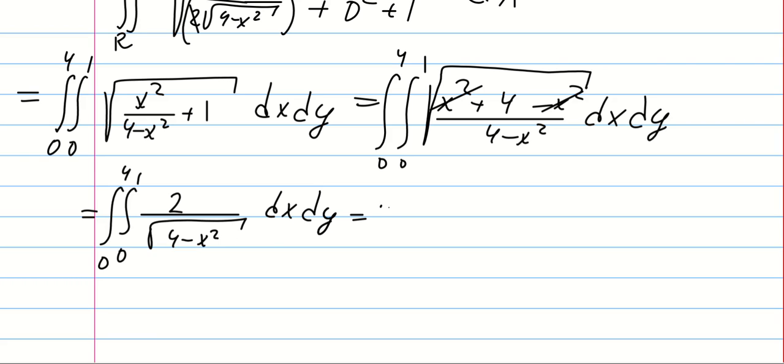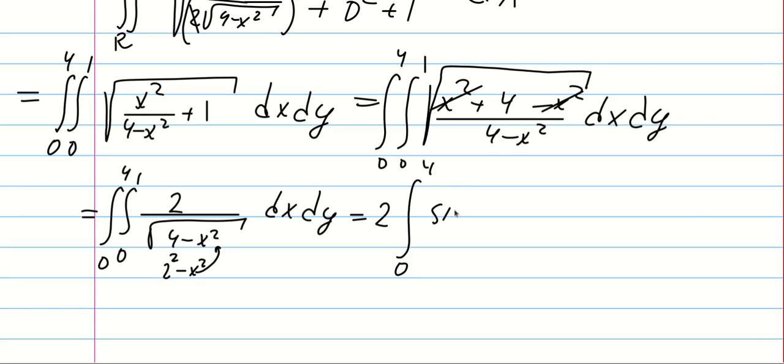So 2 is a constant, so we can put it up front. Then for this one, we can think of 4 as 2 squared minus x squared, and 1 over the square root of a squared minus x squared. That's an arc sine, the rule for arc sine from calculus 2.